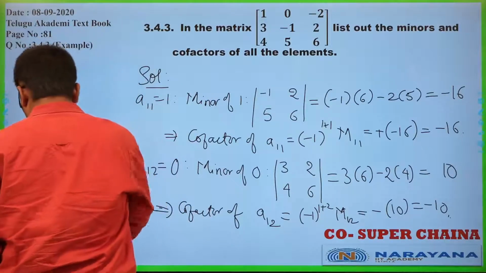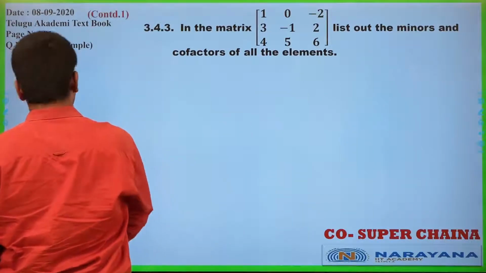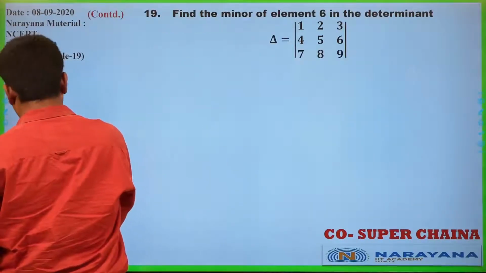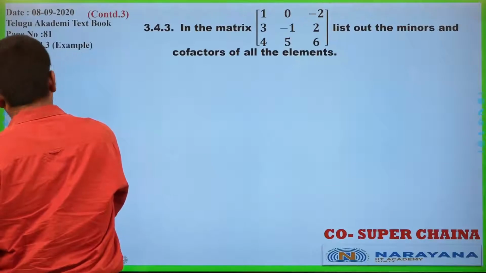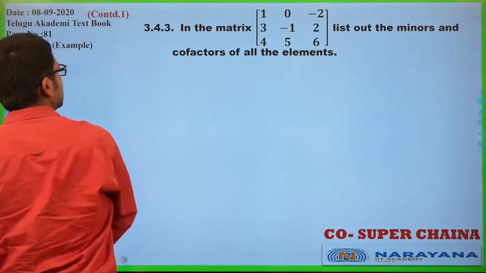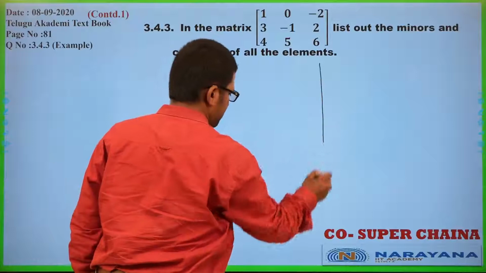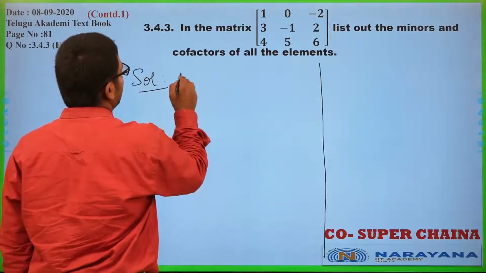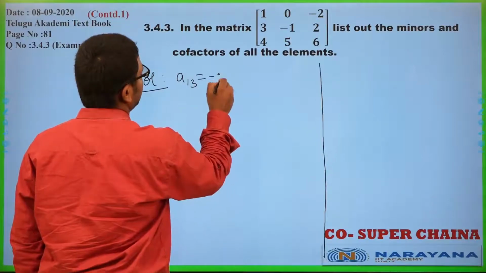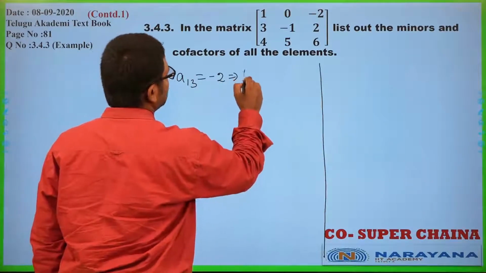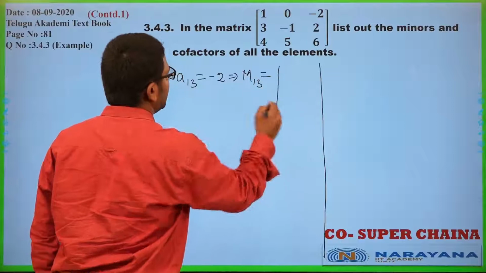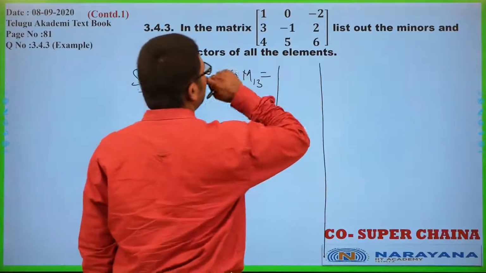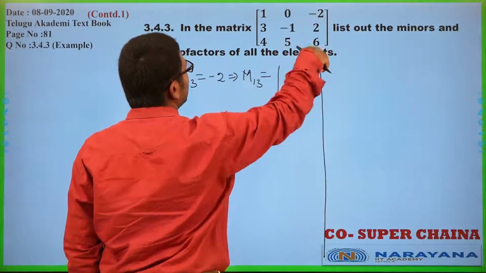Let us continue. All right. So A13 is minus 2, which means M13. You understand what is M13? Minor of this element would be, leave the first row, third column.